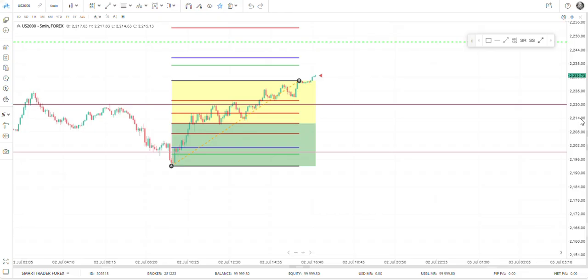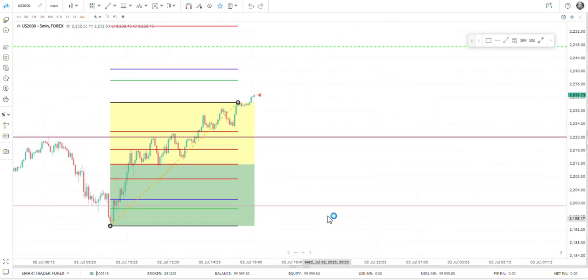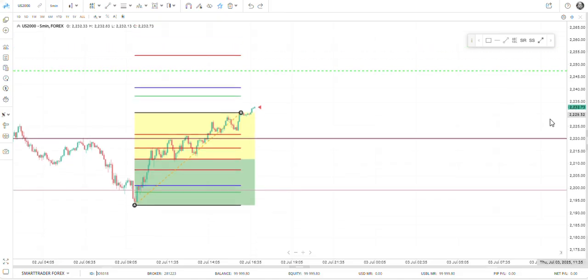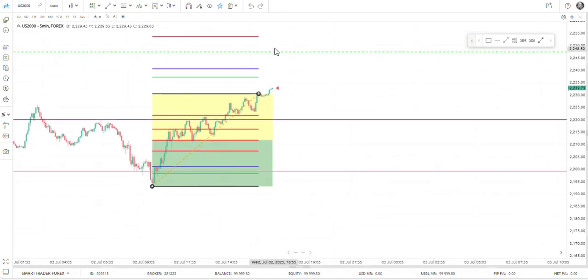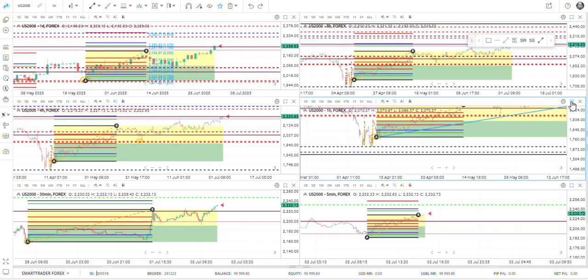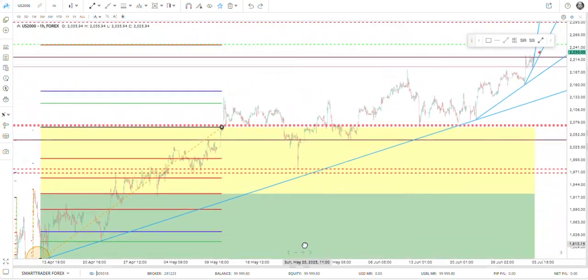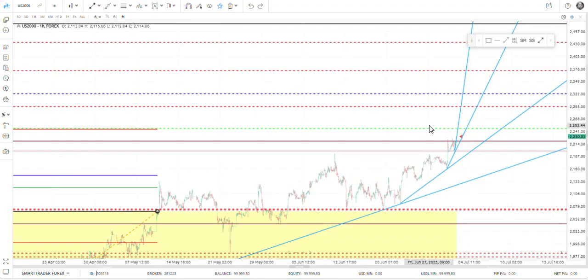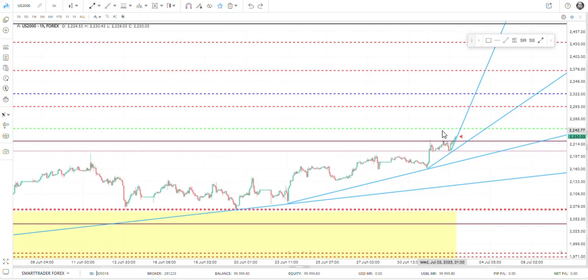So this is where we are in the 5-minute, and how will I take a trade here? I know that this is my 1 hour D extension, right? If you go back, it's on the 1 hour, and price is pushing into this, where this green line is.